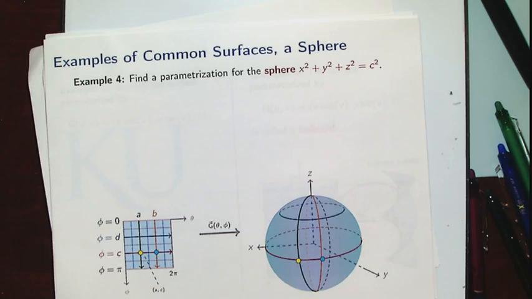Which one is that? Radius. What is the value of the constant for radius? C. Which one of these reflects the radius being C? Did everybody get that? Which one is it? 4, 3, 2, 1, 0.